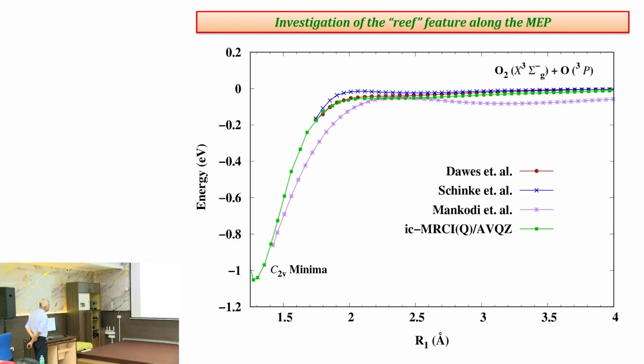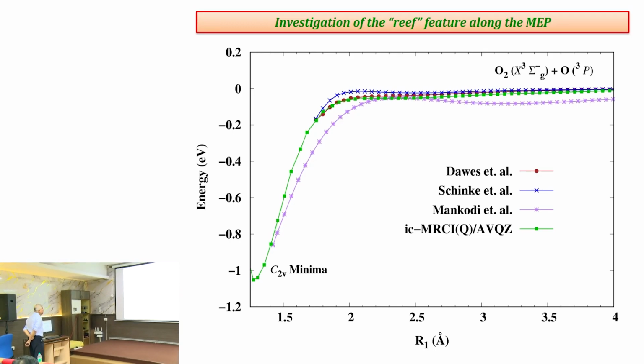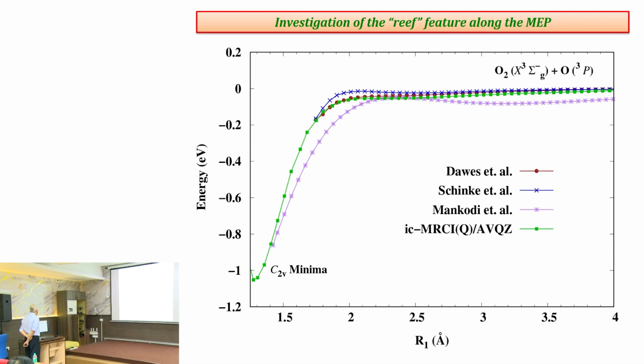That means first you have to do the CASSCF calculation, and in that CASSCF you have to take 7 electronic states. We have gone up to 13, and then we found out that 7 electronic states are enough to make sure the first 4 are good enough, but still the reef will be there. After that you have to do MRCI, not only on the ground state but including 4 electronic states, and then you have to do the Davidson correction.